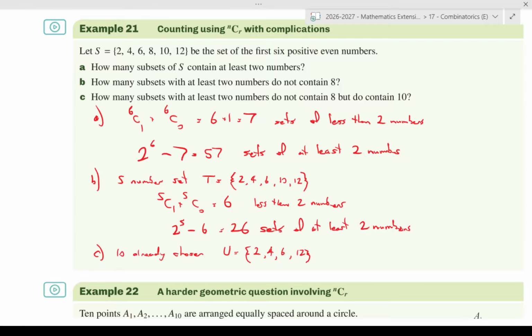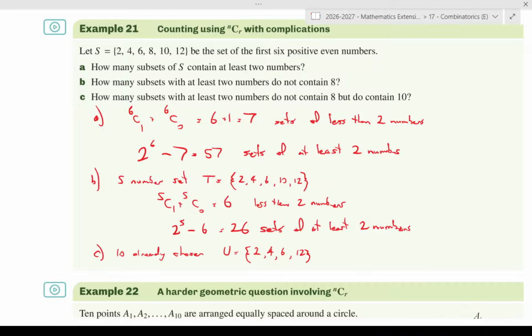So how many 0 number sets are there? Hang on, okay. So we need to choose a subset. Oh, that's right.